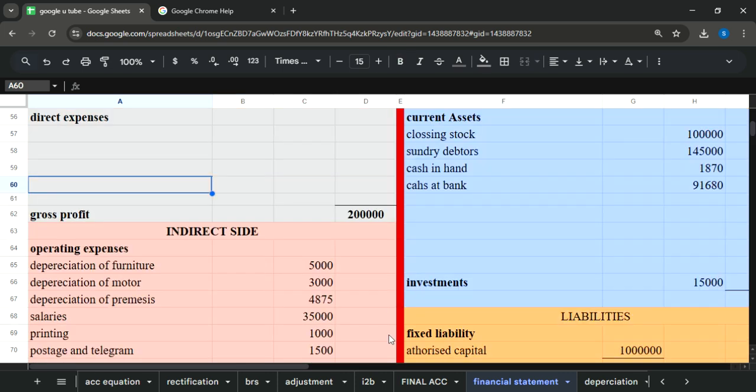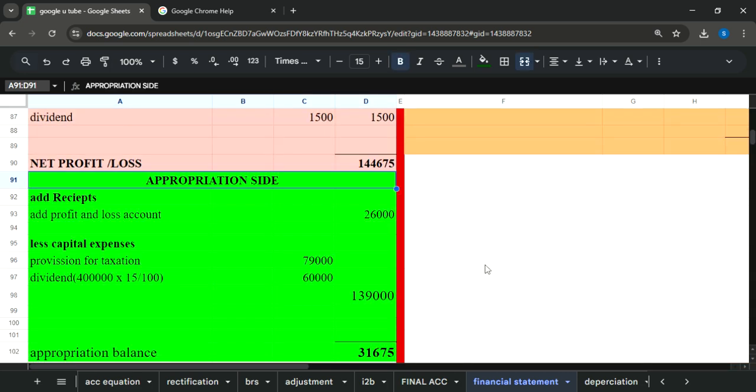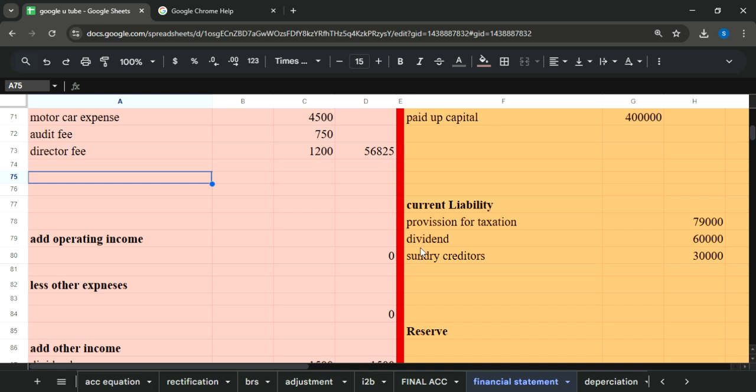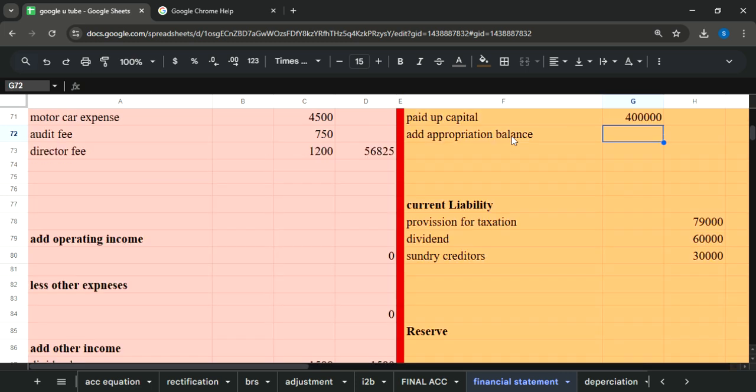So it means our left side is 100% complete, because net profit is also matched, appropriation is also matched, and now we are going to transfer this appropriation balance into our capital side, add appropriation balance, and what we have calculated 31675.